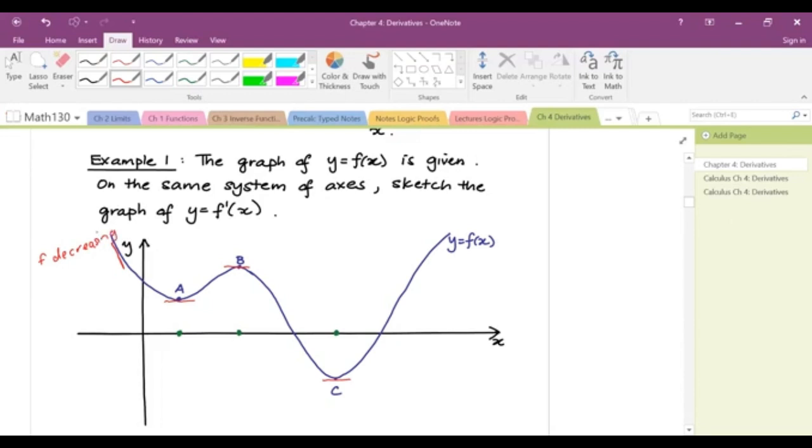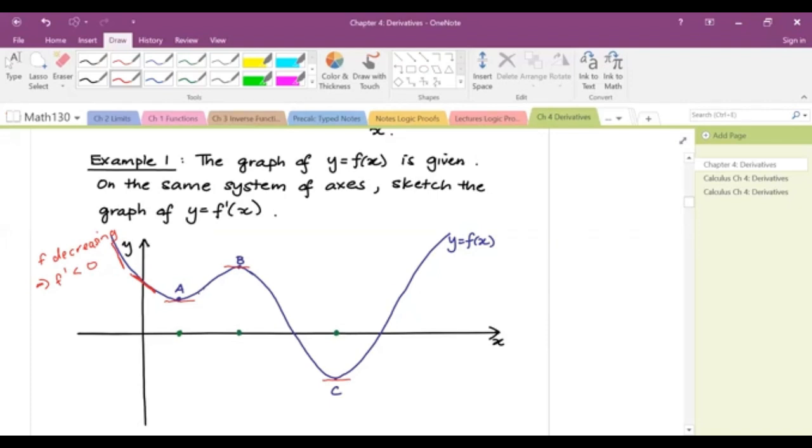In this portion, that implies that the derivative is less than 0. So in other words, it's below the x-axis. The derivative is negative. So when we draw the derivative function, we must make sure that the y values are below the x-axis. And you can see that as I get closer to a, if I put another tangent in there, it's becoming less negative. So it will be negative and becoming less negative.